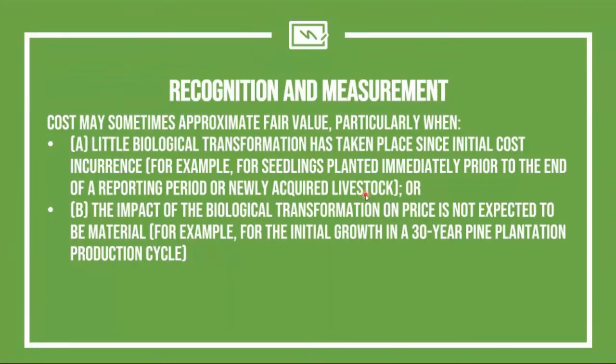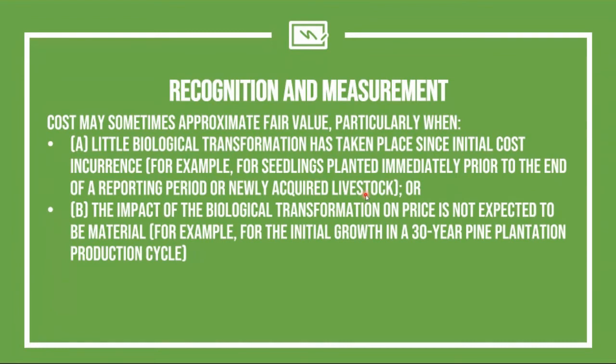Okay? And letter B, the impact of the biological transformation on price is not expected to be material. For example, the initial growth in a 30-year pine plantation production cycle. Okay?